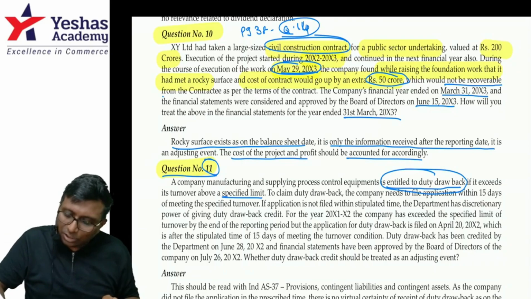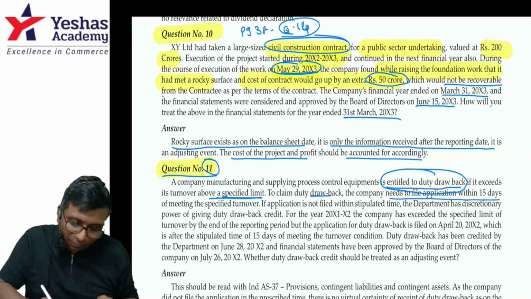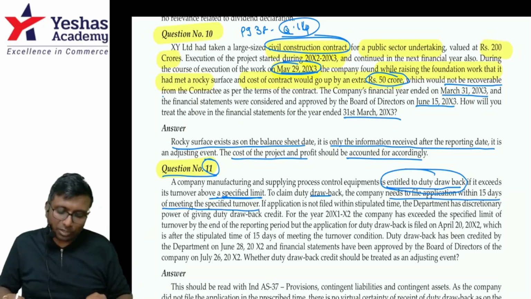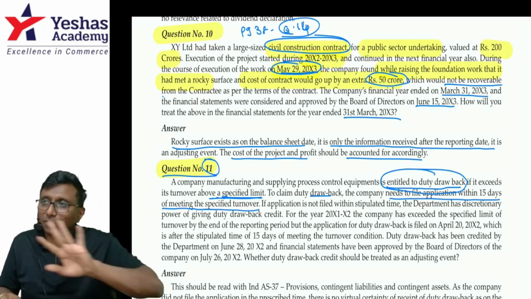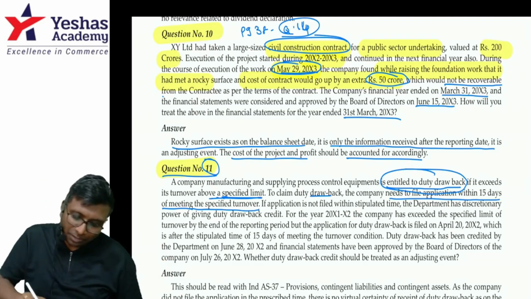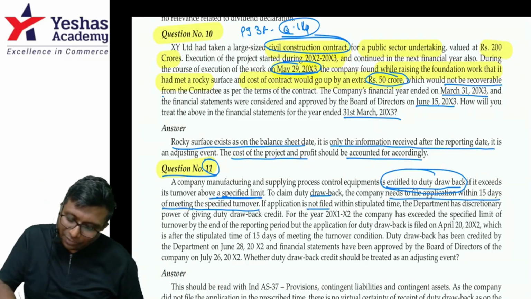Okay. Right. So if it exceeds the turnover base, to claim the duty drawback, the company needs to file an application within 15 days of meeting the specified turnover. Once you cross the turnover, within 15 days you have to submit the application. If the application is not filed within the stipulated time, the department has discretionary power of giving duty drawback.